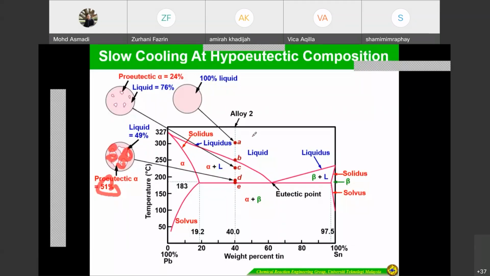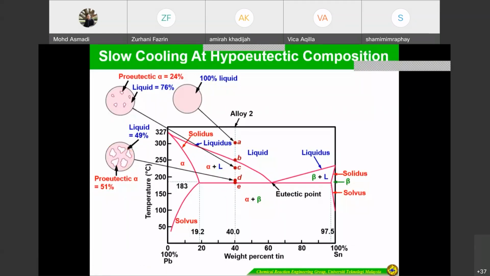Okay, proeutectic alpha. So we have proeutectic beta here. If you take beta, if you want to use color, you use color.